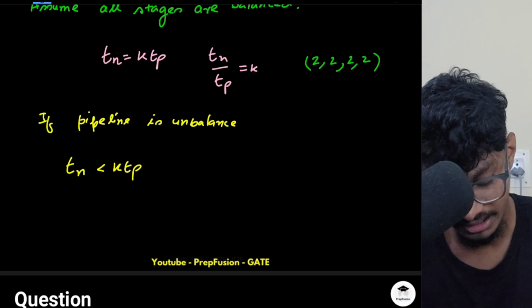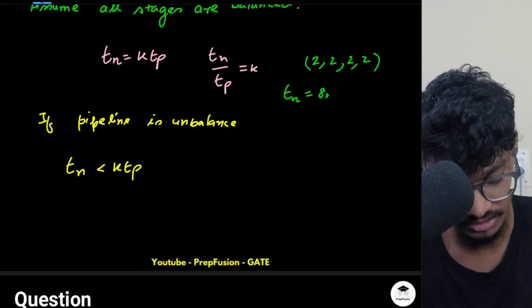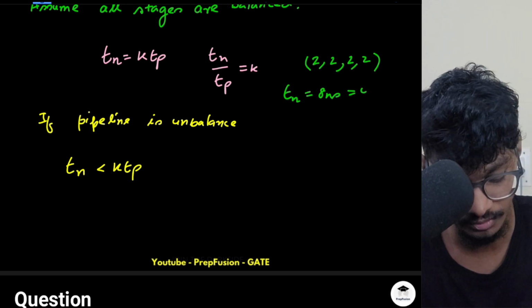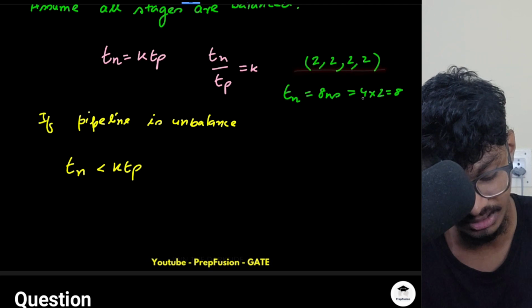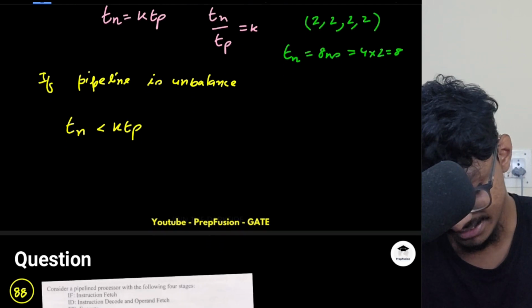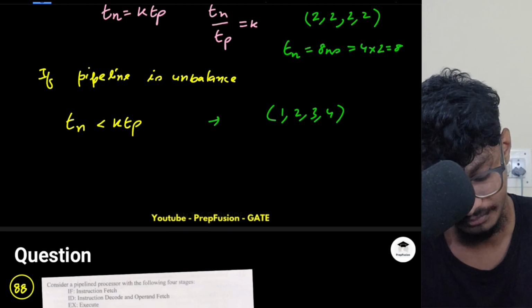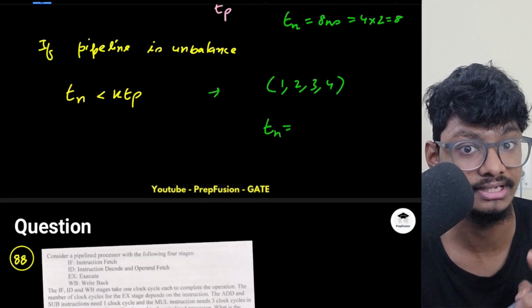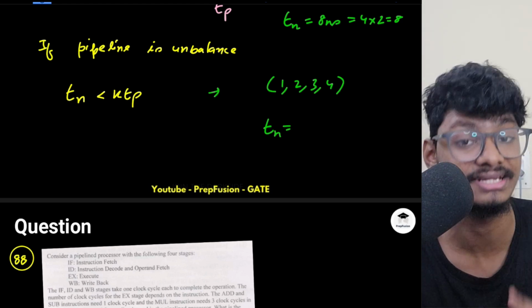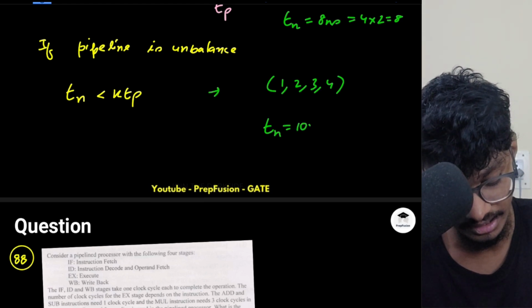In the balanced case, my Tn will be the sum, which is 8 nanoseconds, the same as 4 times 2. But if it is unbalanced, 1, 2, 3, 4, then what will be my Tn? Tn is the sum of all the stage delays. Remember, Tn is the non-pipeline execution time for a single instruction. So it will be 1 plus 2 plus 3 plus 4, that is 10 nanoseconds.